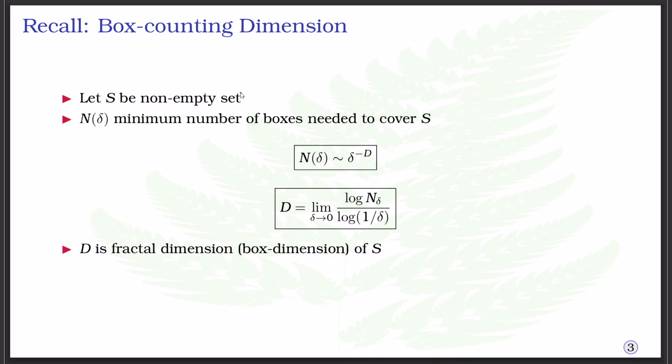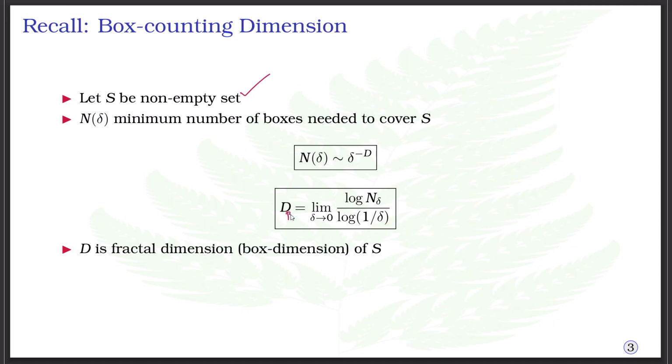Let S be any set and n of delta the minimum number of boxes required to cover S. Then it will follow the power relation n of delta directly proportional to delta power minus d. Here by taking the logarithm one can find the box counting dimension of the set S.